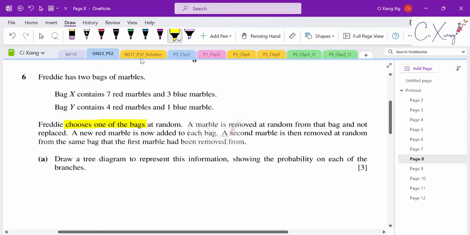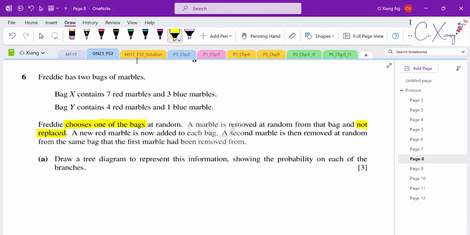Okay, then a marble is removed at random from that bag and not replaced. So I think not replaced is also a very important keyword. A new red marble is now added in each bag. Then the second marble is removed at random from the same bag that the first marble was removed from. So this is generally the situation that we have for this question.